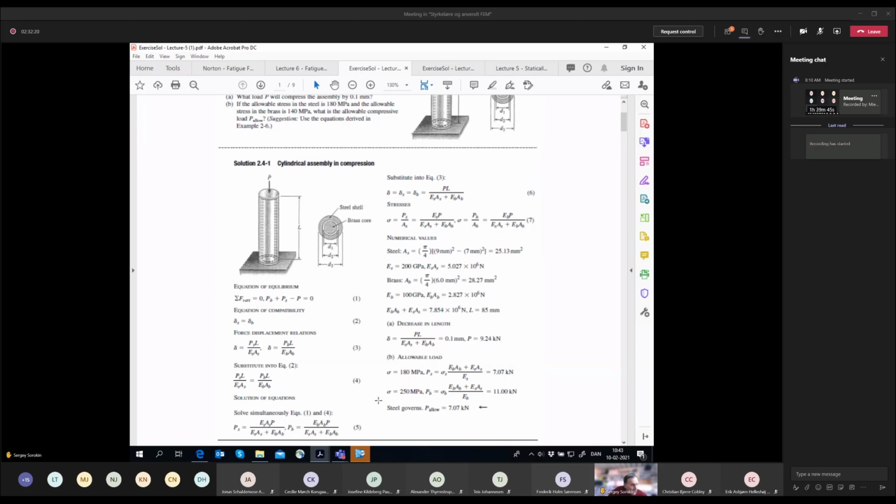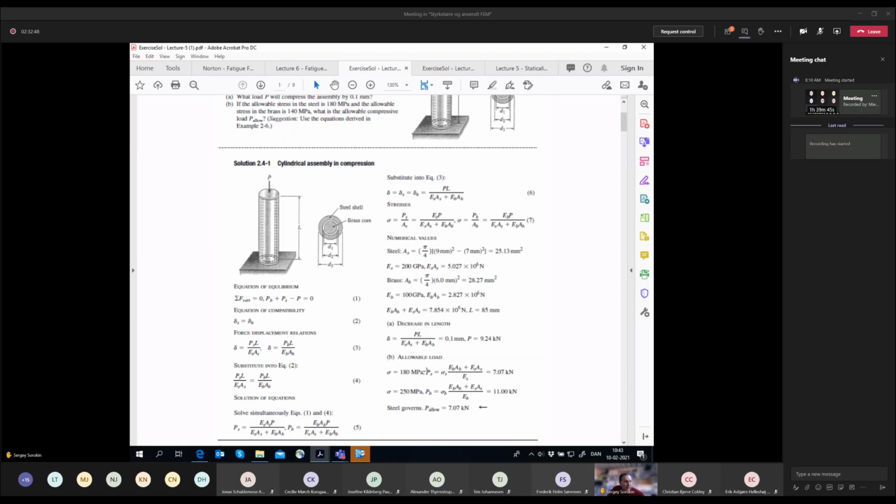Then we take the brass part, and for the brass part our allowable stress is 250. So if we let the stress in the brass part be 250, what would be the force which produces this stress in the brass component? And the answer is 11 kilonewtons. So we have these two results.